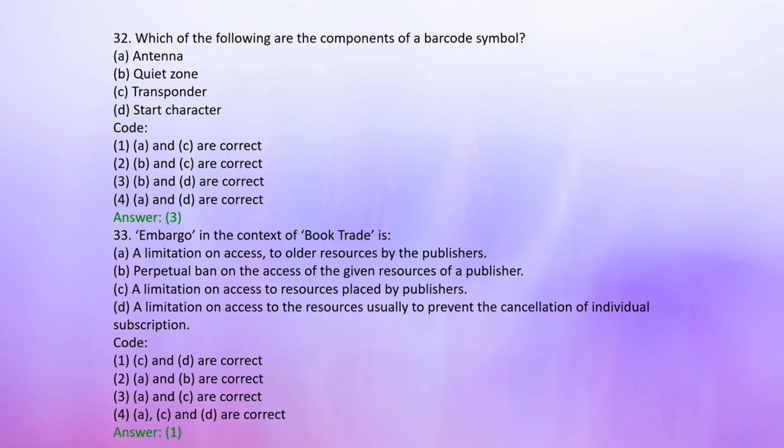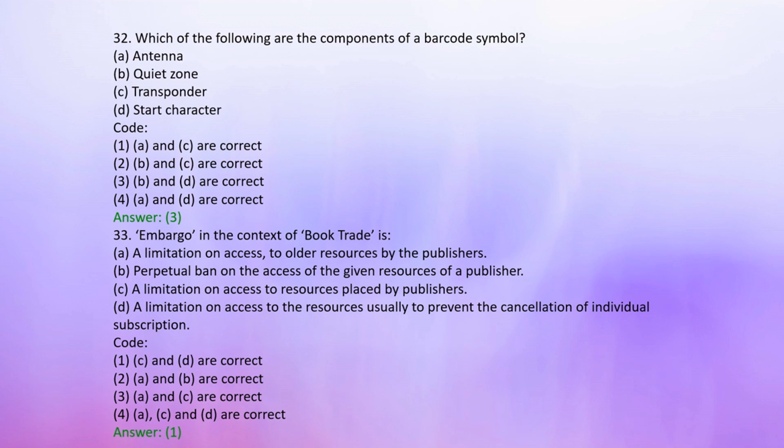Number 33, embargo in the context of book trade is: A, a limitation on access to older resources by the publishers. B, perpetual ban on the access of the given resources of a publisher. C, a limitation on access to resources placed by publishers.